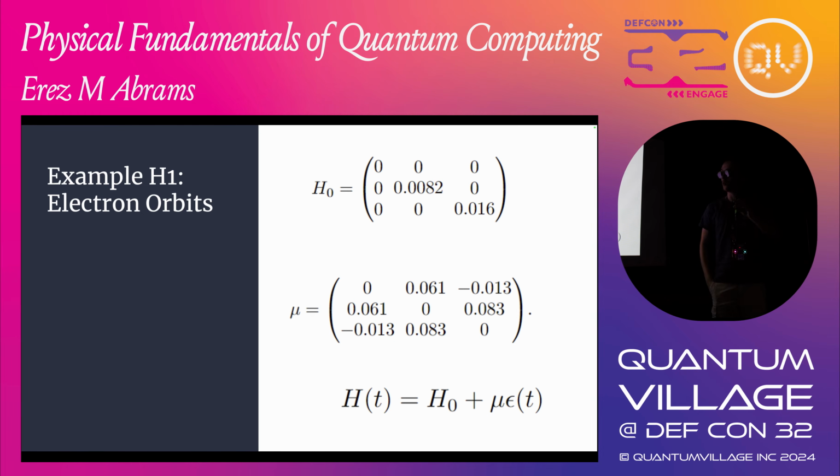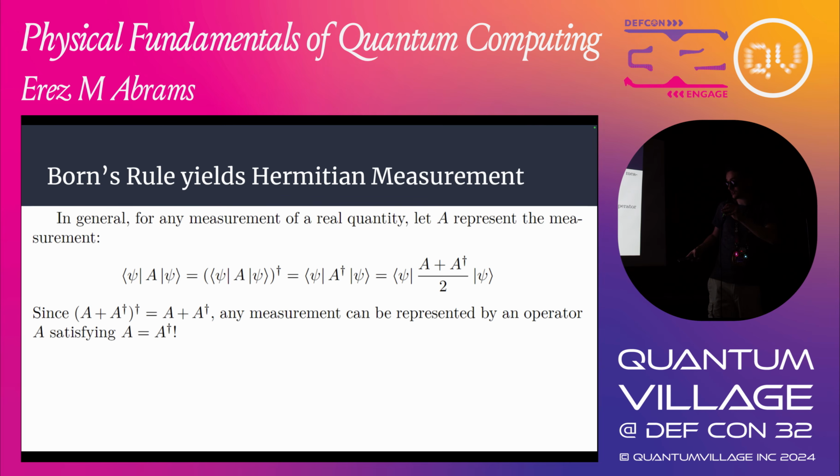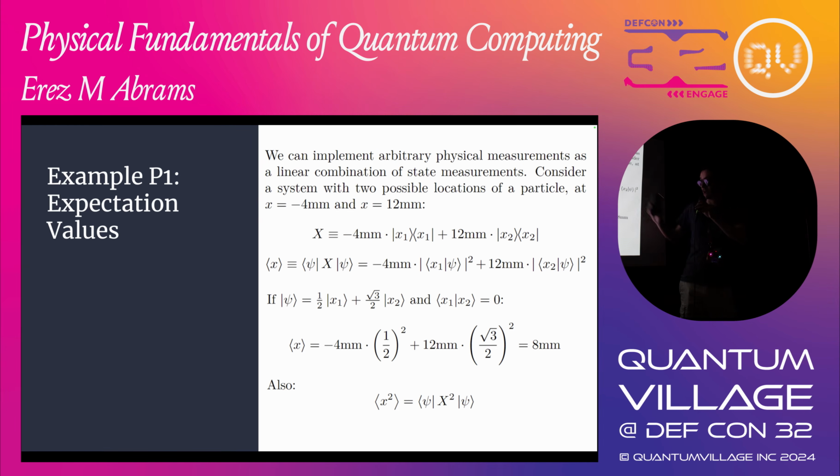You might remember way earlier, we wrote our measurements as linear combinations of these dyads, right? Now this x is diagonal, right? We could have had an x2, x1 term. Then it wouldn't be measuring position, it might even be measuring something else.